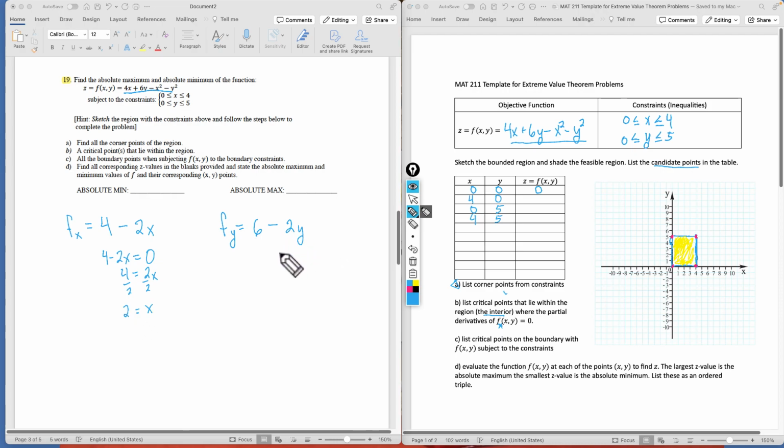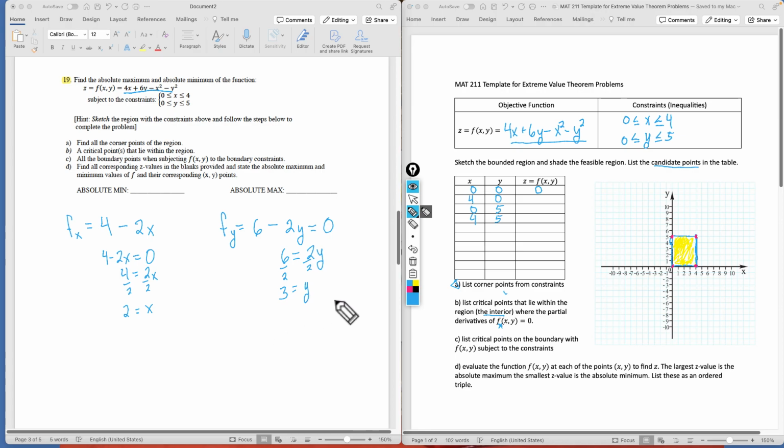And then over here, this is nice. I'm just going to cheat a little bit. I'll just set it equal to 0. Add 2y to both sides, and you get 6 plus 0 equals 2y, positive 2y, because you added it to both sides. Then we divide both sides by 2, and we get that y equals 3.